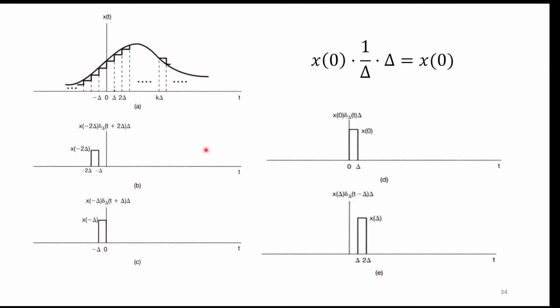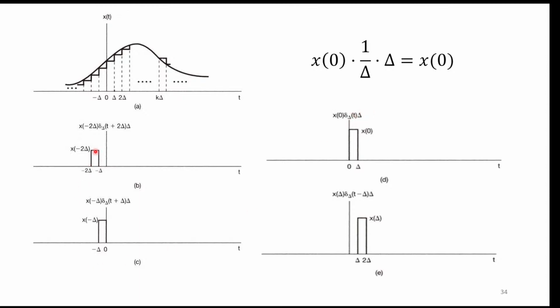And so similarly, this rectangle here with height x of 0, we think of it as x of 0 times delta sub delta of t times delta.